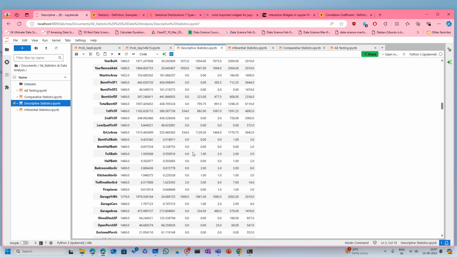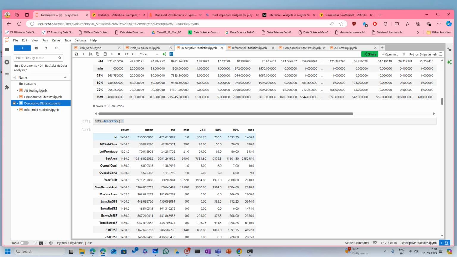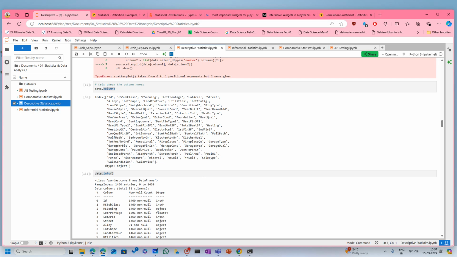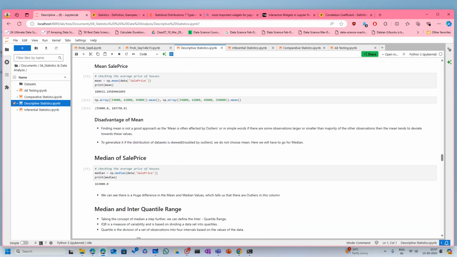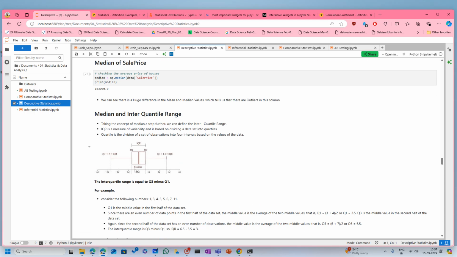Here above the 25th percentile you have, what it means is 25% of the houses have 7,553 square foot of total lot area, and 50% of those have 9,478.5, and 75% have these, and the maximum value is this much. That is what it means. So 25th percentile quartile means so much percentage of values are lying in that range.